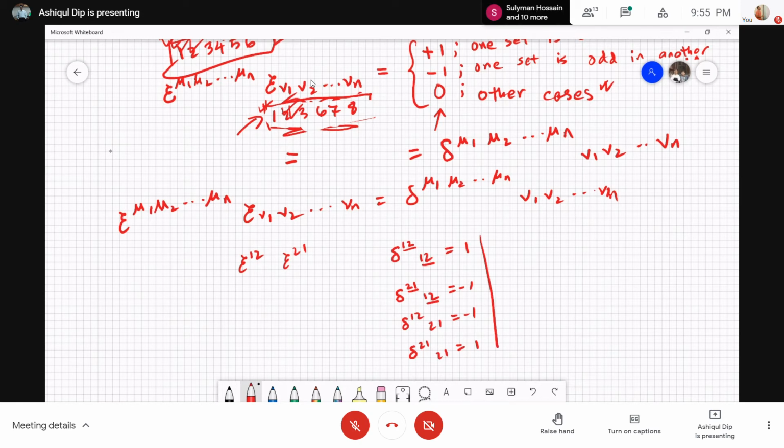On the other side, you can easily see E12 times E12 is basically +1, and E21 times E12 is -1, and so on. So you can see that, right?